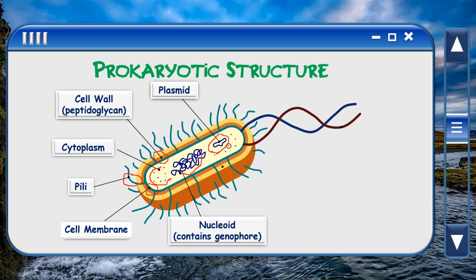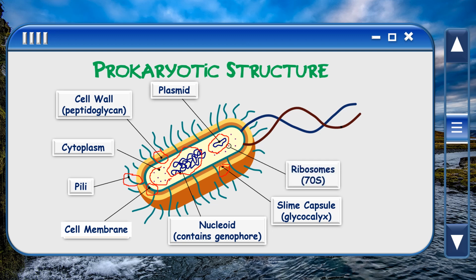The whole of this structure here is what we are referring to as the nucleoid. We have the slime capsule, this outer layer. The outer layer is what we are referring to as the slime capsule or glycocalyx.